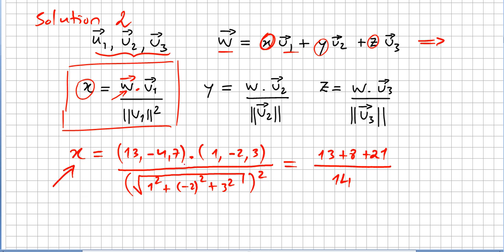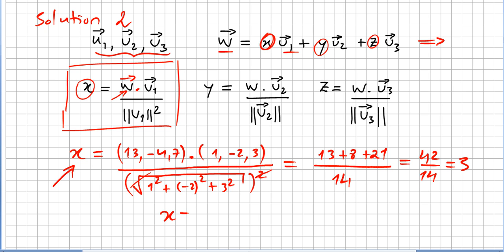So I'm getting 13 times 1, 13, minus 4 times minus 2, 8, 7 times 3, 21. Here this will be 1, 4, that's 5, plus 9, that's 14. The square is going to cancel with the square root. So I am getting, if I'm not wrong, 42 dividing by 14, and that is 3.